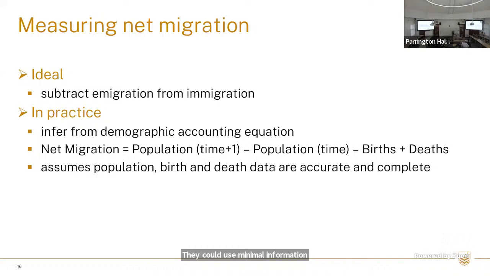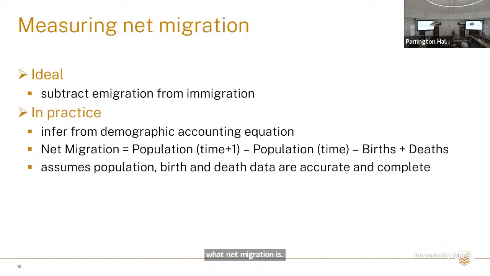Ideally, we would have data and you would just subtract emigration from immigration to get your net migration. In practice, most countries don't have this data, so they use the demographic accounting equation to infer what net migration is. That's one of the reasons why it's so popular.